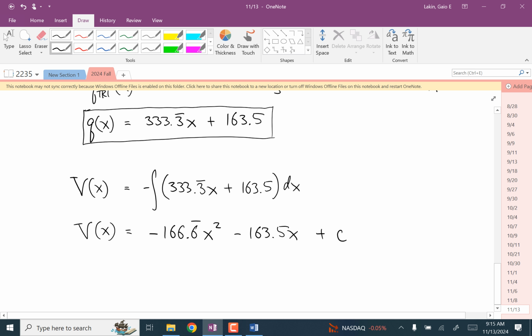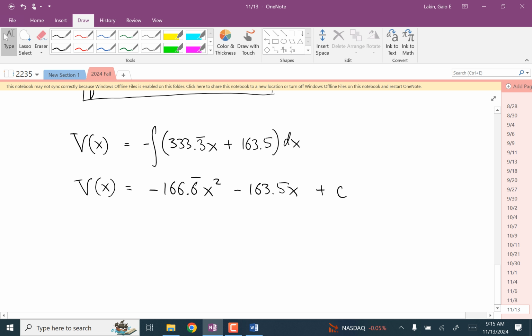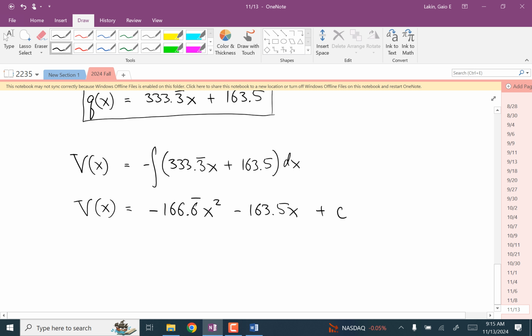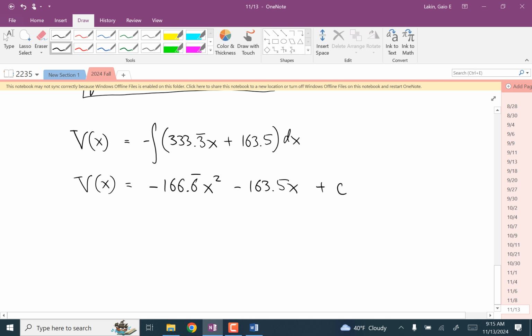Okay, so what are we going to do with that constant of integration? This constant of integration, you use boundary conditions to find. So if we know what the shear force is at one of the endpoints, we can use that to calculate this. Okay, so boundary conditions. We know that the shear force at x equals 0 is equal to 0. Why do we know that?